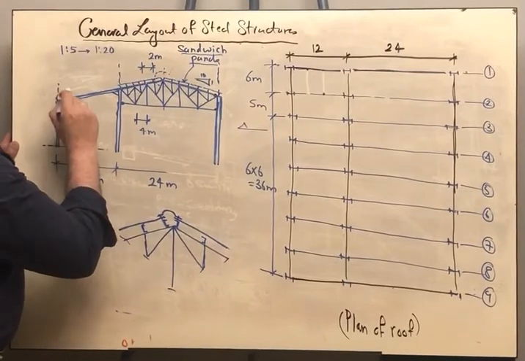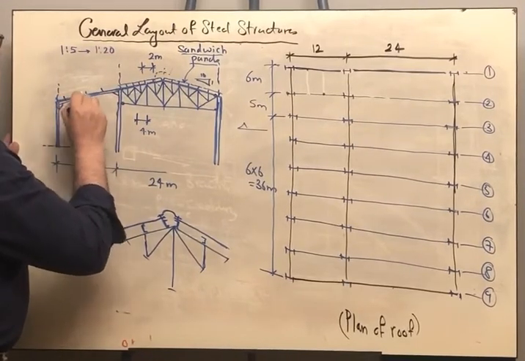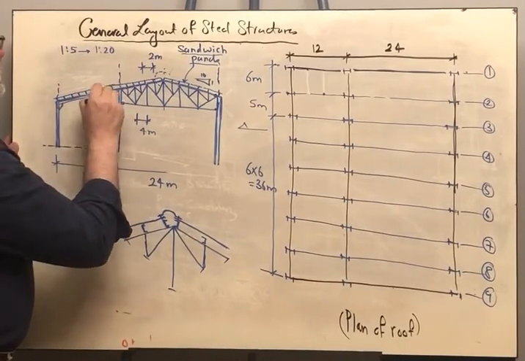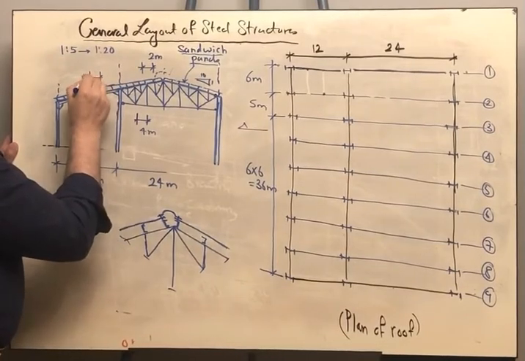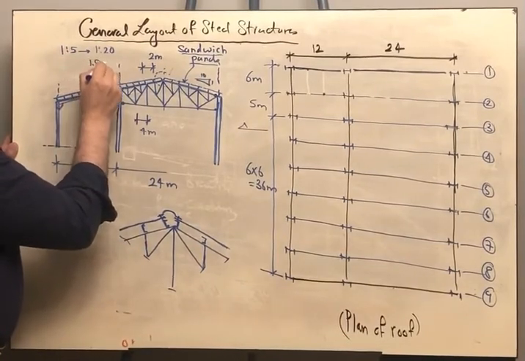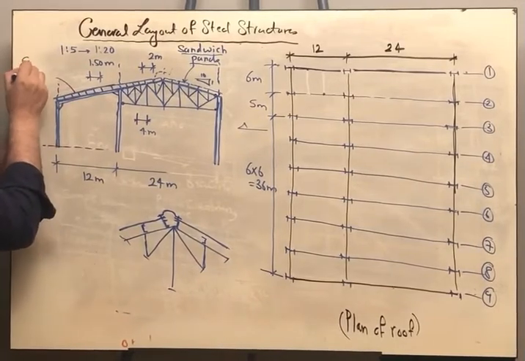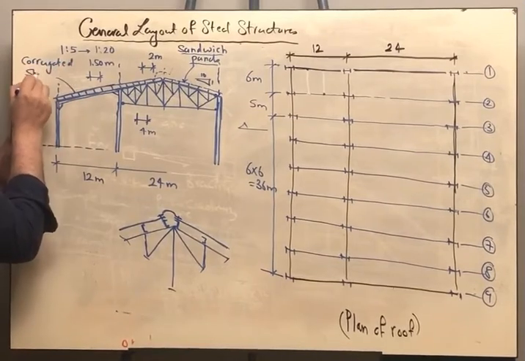So in this part it will be divided into 8 equal spaces. The spacing between the purlins is 1.5 meters, and here we are having a single layer of corrugated sheets.